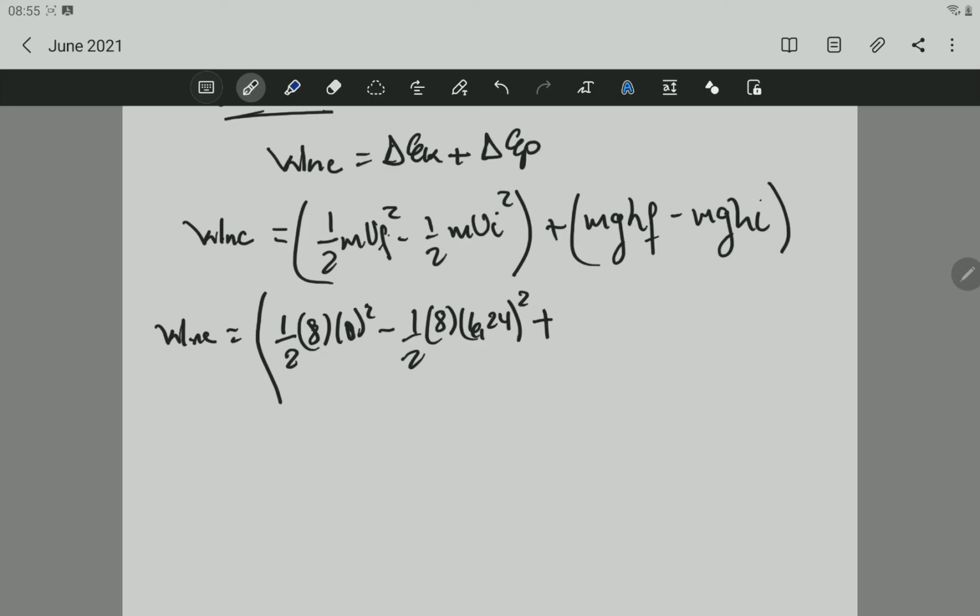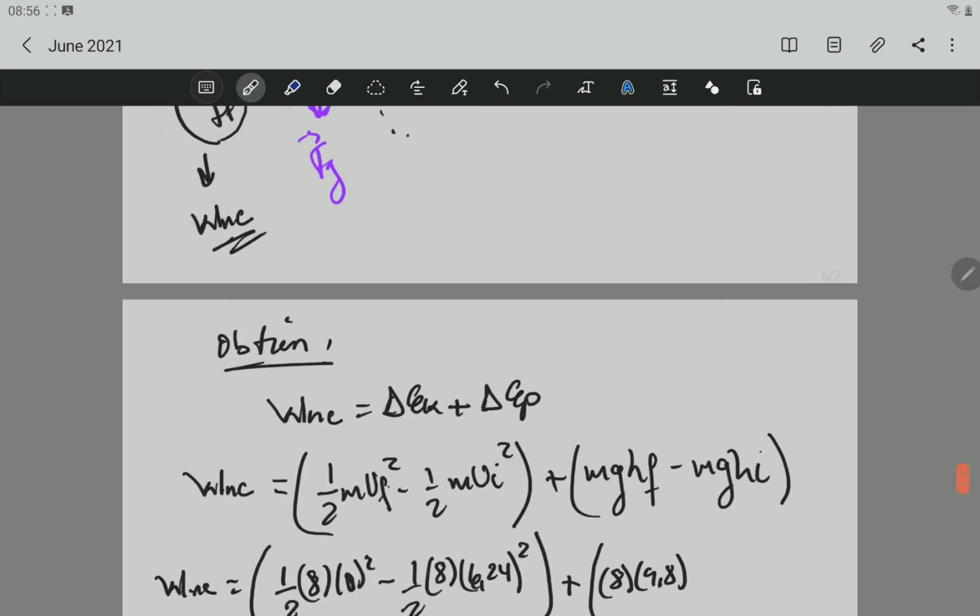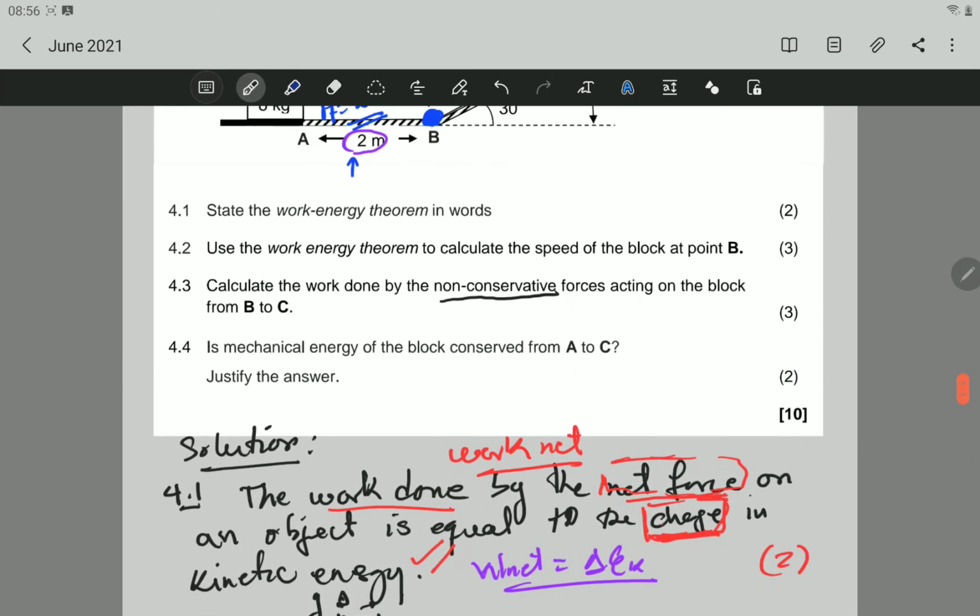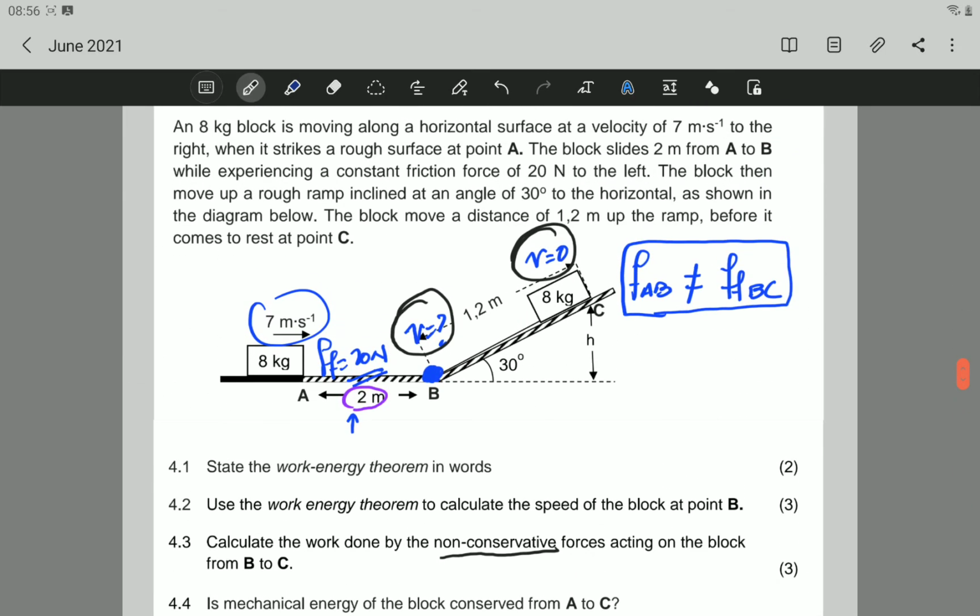Plus, now we're going to the change in potential energy. Here is a double bracket, so let's fix this bracket so you don't make a mistake. That is a bracket for the change in kinetic energy, plus an open bracket. Here is the mass, which is 8, multiplied by 9.8, multiplied by the final height, which is the height of the incline, and is given as, no, the height is not given.